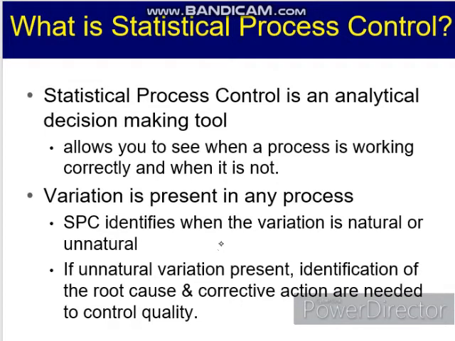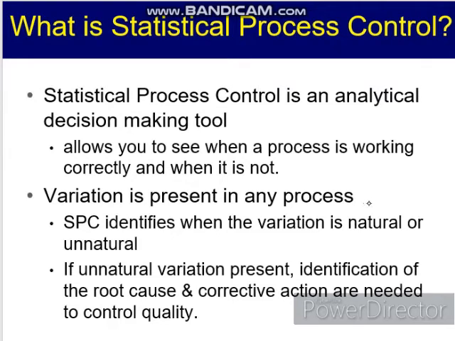And based on that, if unnatural variation is present, identification of the root cause and corrective action are needed to control the quality. So basically, SPC is a tool that you can use in any process, either a manufacturing process or in the service sector, and so on.